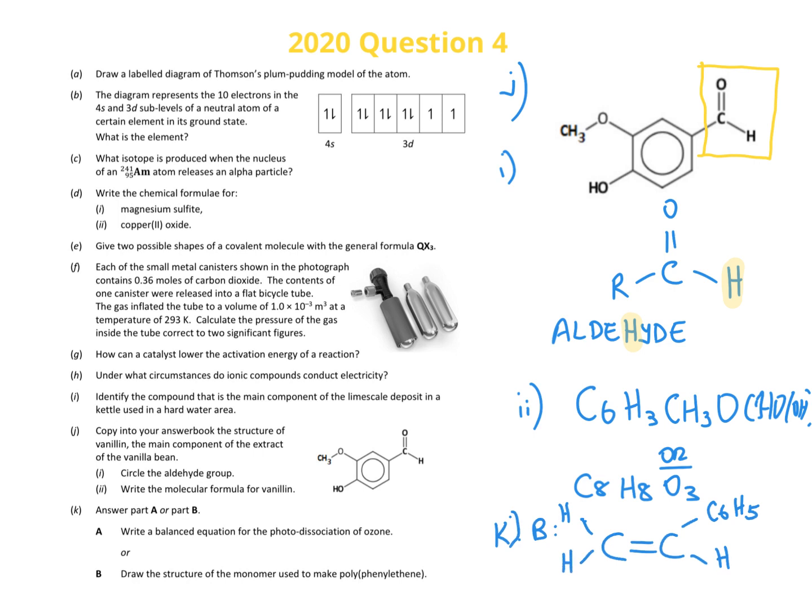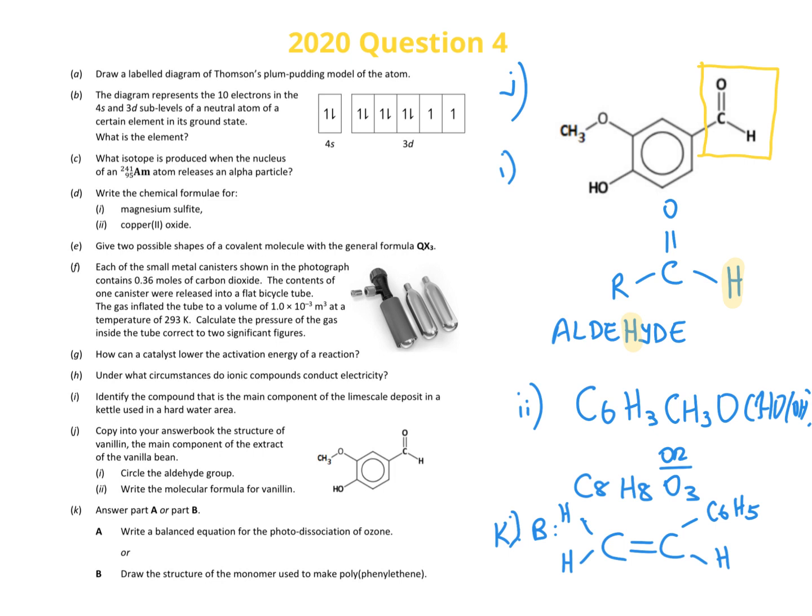So that there is a monomer of polyphenylethene, because you've drawn in your ethene, your C double bond C, and you've drawn in your phenyl substituent, and the rest of the free bonds around the carbons are filled with hydrogens.